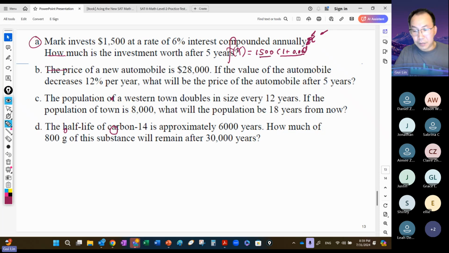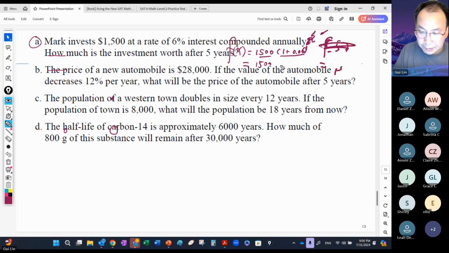So 5 years later, x is 5, right? So you have the power 5, with 1.06 as the base. It needs some calculator, all right, that helps you. All right, so part B.